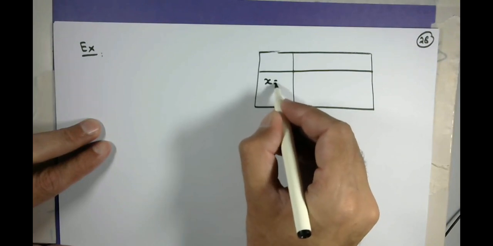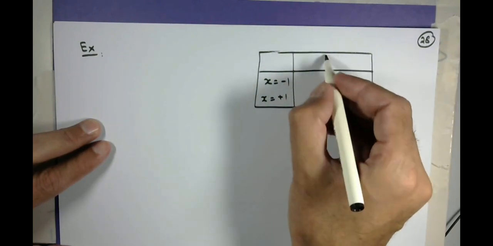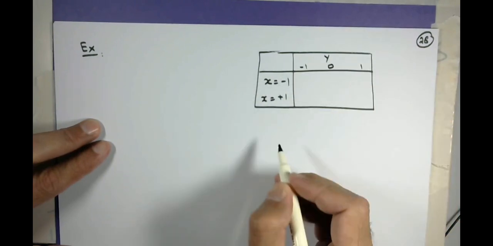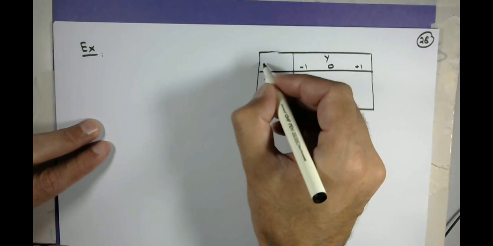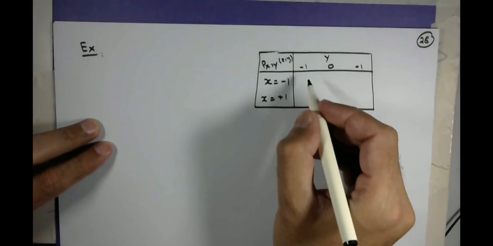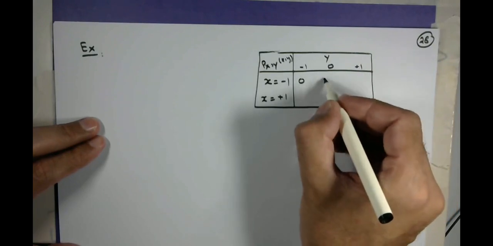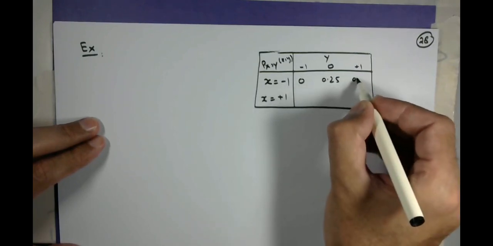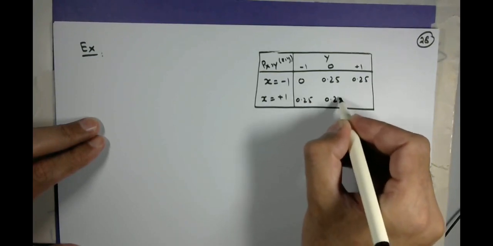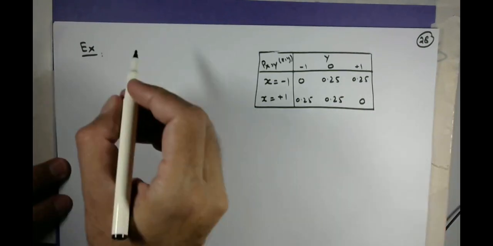Suppose there are two values of x, x is equal to -1 and x is equal to +1, and you have three values of y, which is say -1, 0 and +1, and then we have the joint distribution of these, and assume that the probabilities are distributed as such: 0, 0.25, 0.25, 0.25, 0.25 and 0.